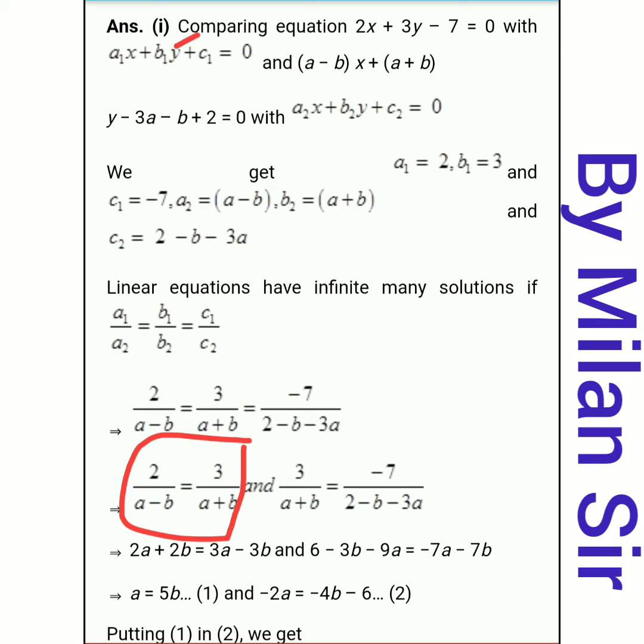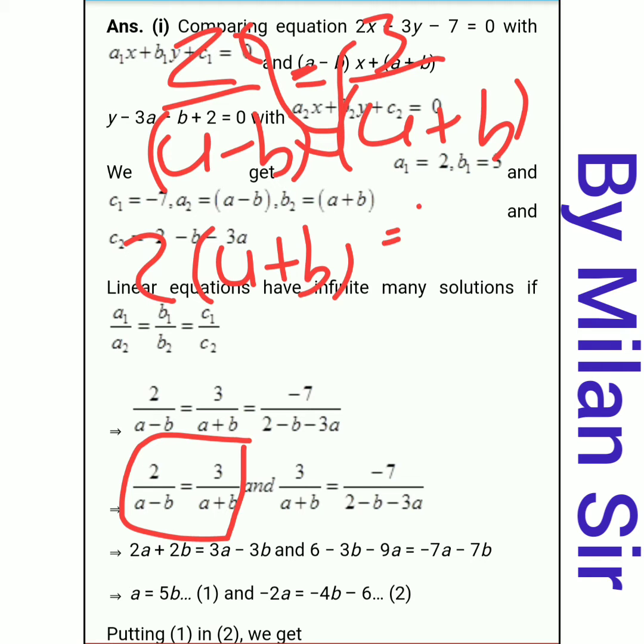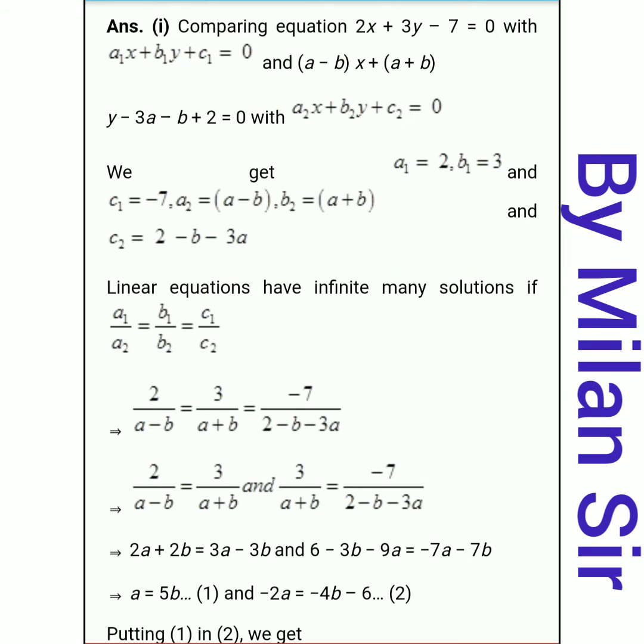First of all, the first and second terms: 2 upon a minus b is equal to 3 upon a plus b. Now we need to do cross multiplication. So this a plus b goes to the left-hand side, and this a minus b goes to the right-hand side. So 2 into (a plus b) is equal to 3 into (a minus b).